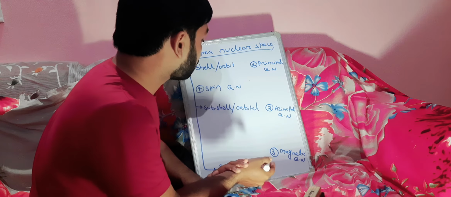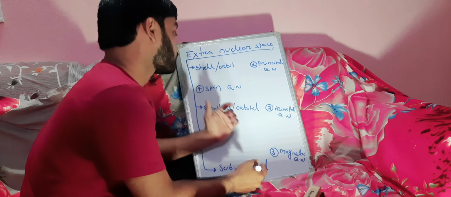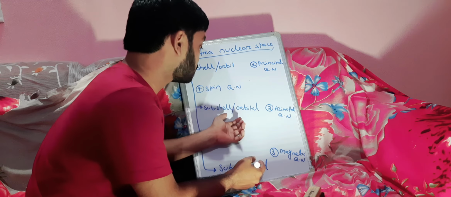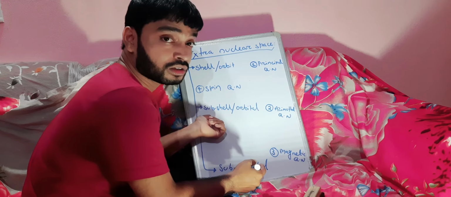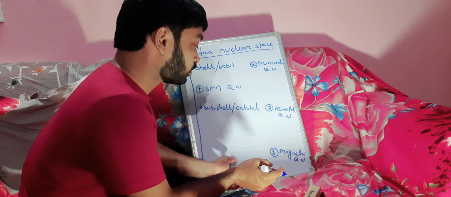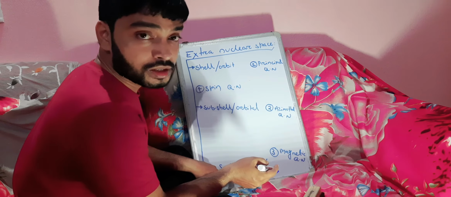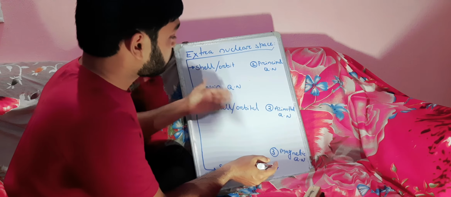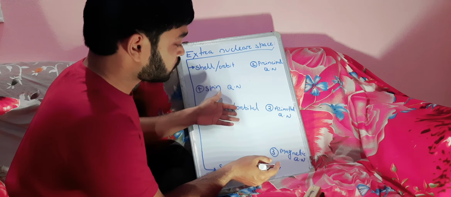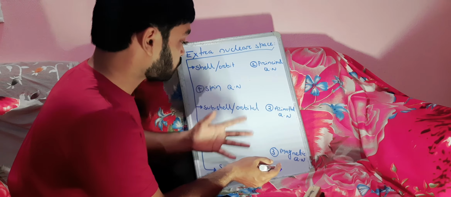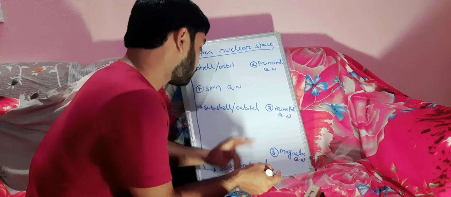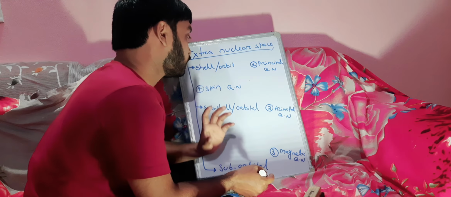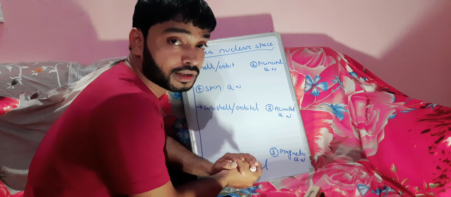The azimuthal quantum number expresses the subshell, that means orbital, the space below the shells. The magnetic quantum number expresses the suborbital space, the smaller space which possesses the electrons. And the spin quantum number expresses the direction of rotation of the electron in an atom.